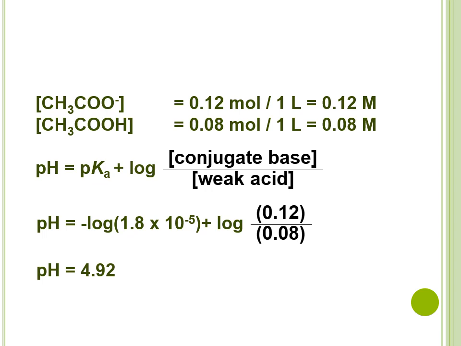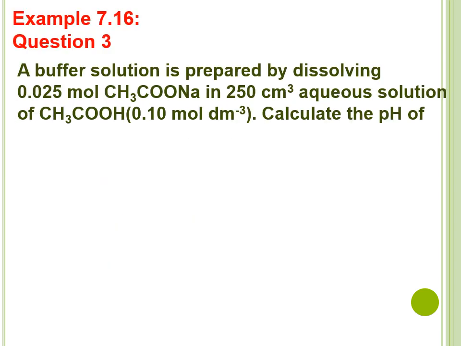So we got the concentration of acetate ion 0.12 molar, concentration of acetic acid 0.08 molar. Substitute into the formula, and we got pH 4.92. It's not that much of a difference from the original pH. As long as it's around the same pH 4, it is maintained.